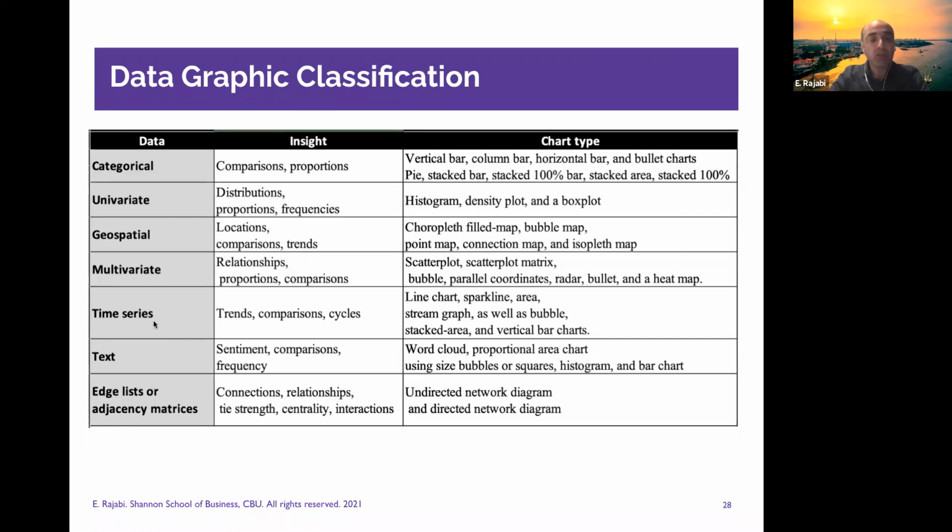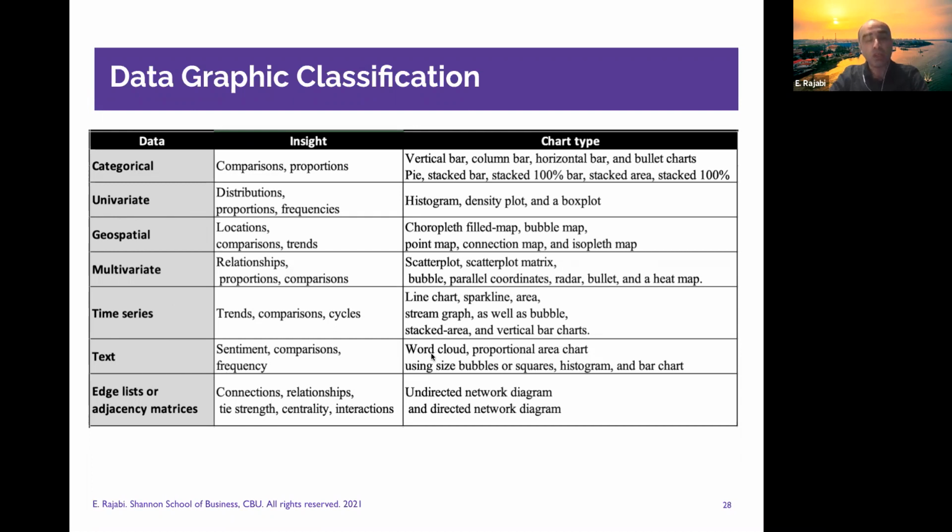When we are talking about time series, we have line chart, and we are looking into trends over the time, right? So that's why sometimes we can use a stream graph, or vertical bar chart also can be used when we have categories. For text, obviously, sentiment analysis can be used, comparison, frequency of the words in a paragraph.